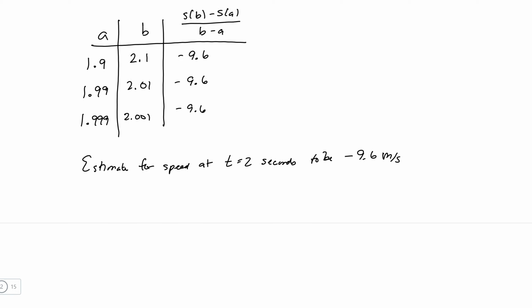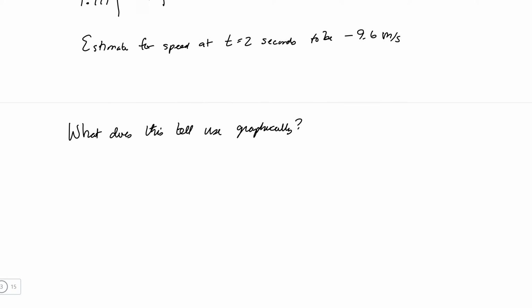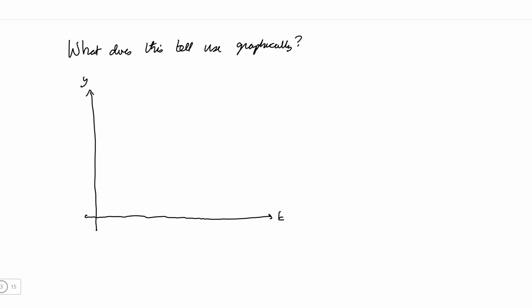We can also think about, what does this mean graphically? Let's think about graphing our equation for s of t. We start here at 0, go up, and then come back down somewhere like this. Let's say y equals s of t.